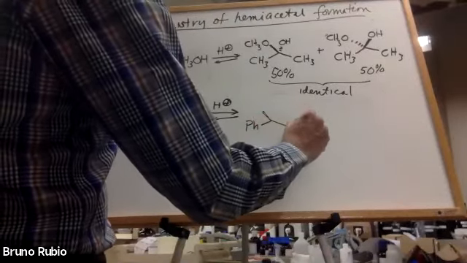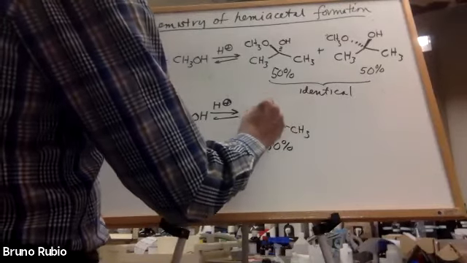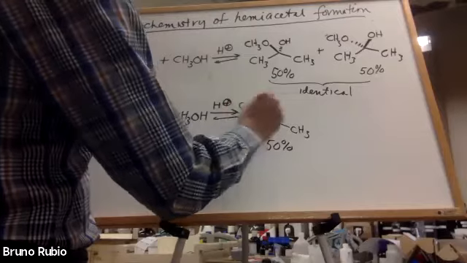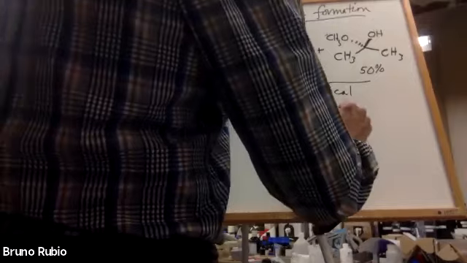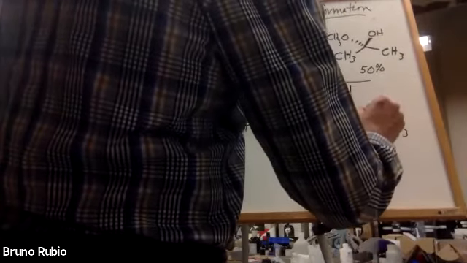So we would get 50% of the time, the nucleophile could have come in from the front, and 50% of the time, the nucleophile could have come in from the back.